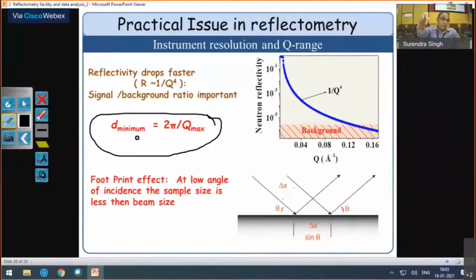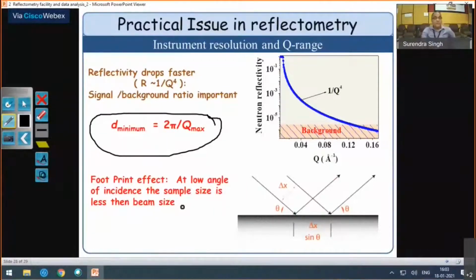That phase difference gives you this relation for D minimum. So when you have a multilayer, this is not right. But when you have a single layer deposited on a substrate, the minimum thickness for that single layer which we can study from our instrument is decided by the instrument's Q range, Q maximum. Okay, so this is one factor.